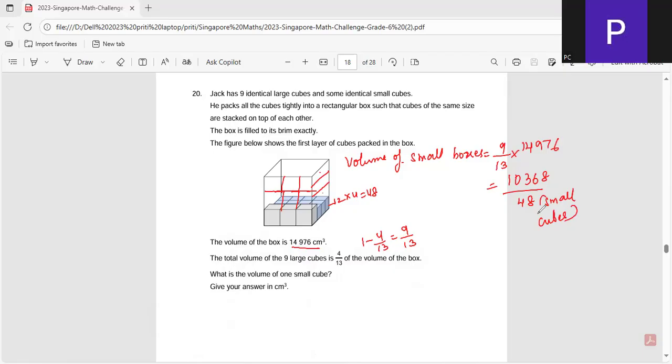So then we get the volume of each small cube. That's the answer. They're asking what is the volume of one small cube. It is 216. They could also ask what is the length of each cube. Then you can just do a cube root and you'll find the answer. The answer for question 20 is 216.